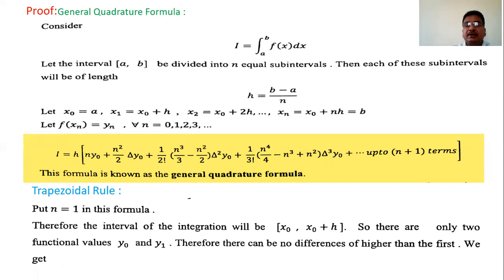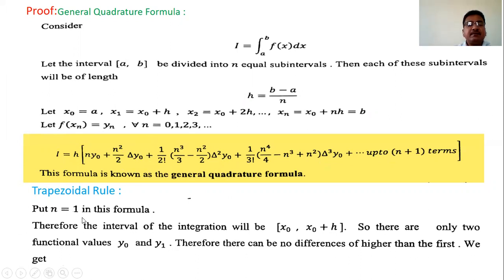Here there are only 2 values of x, x naught and x naught plus h, and the corresponding values of y are only y naught and y1. Therefore only the first order difference is non-zero, and the differences of the second order, third order, all are 0, because the values of x or y are 2 in number. So we have only these terms.